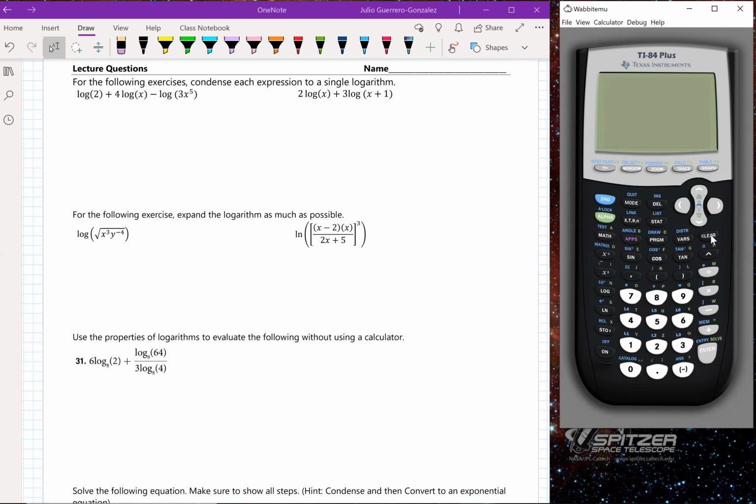Log 2x over. So for the first one, since there's an exponent in the one that's expanded, when we condense it, would that mean it would go outside the log, or would it just stay the same? You talking about the log 3x to the 5th?